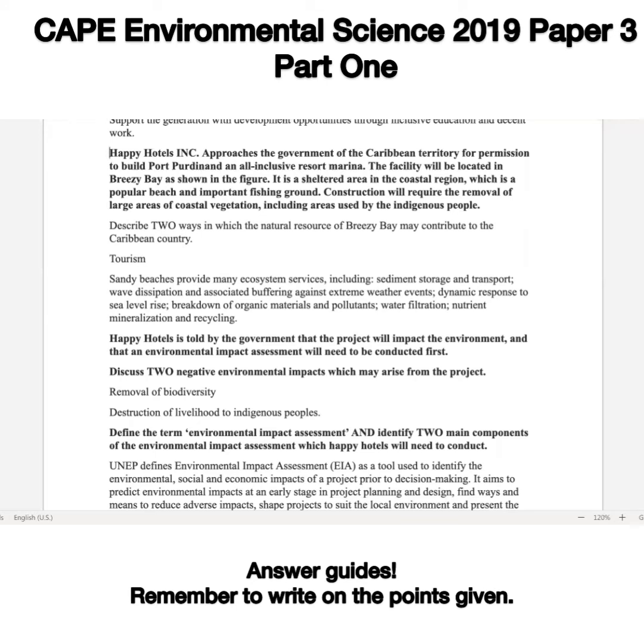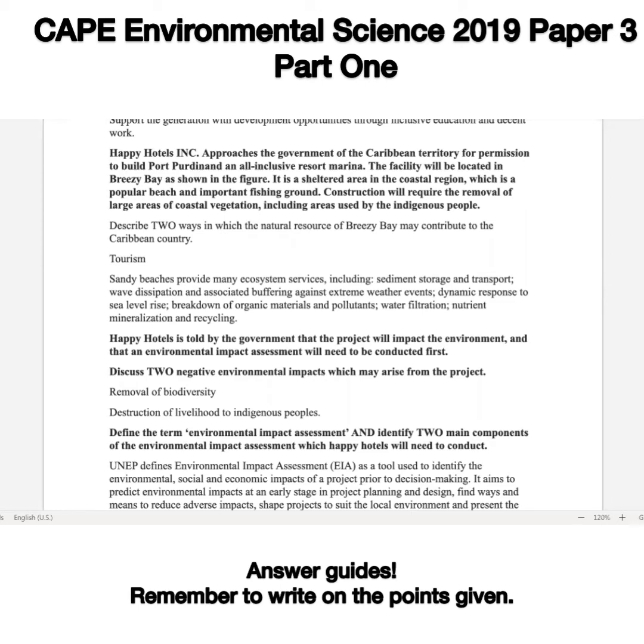It is a sheltered area in the coastal region, which is a popular beach and important fishing ground. Construction will require the removal of large areas of coastal vegetation, including areas used by indigenous people. The first question says describe two ways in which the natural resources of Breezy Bay may contribute to the Caribbean country.